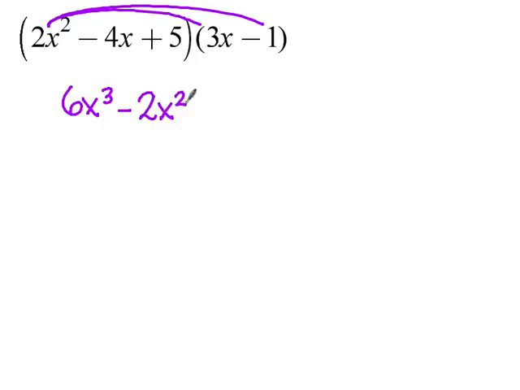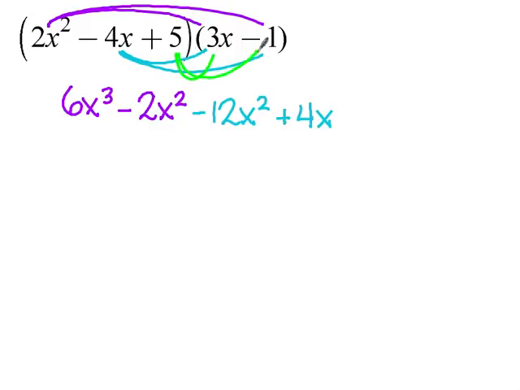Okay? So then now I'm going to do the negative 4x. I'm going to take the negative 4x times 3x and the negative 4x times negative 1. So what is negative 4 times positive 3? Negative 12, and it'll be x squared. Negative 4x times negative 1 is plus 4x. So now you're going to do the same thing with the 5.